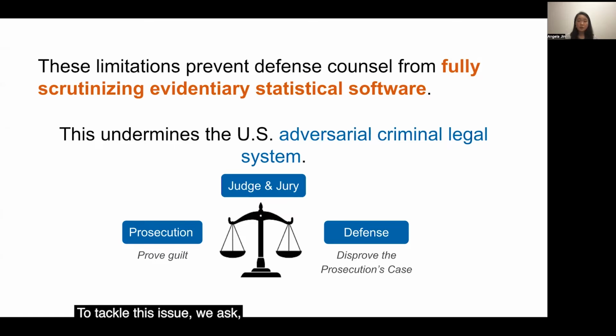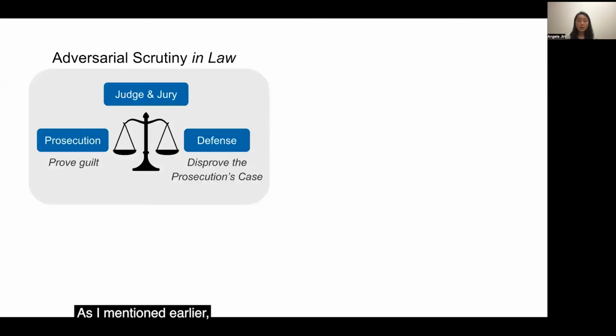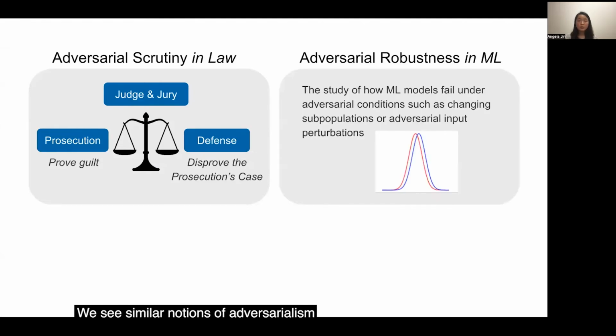To tackle this issue, we ask, how might defense counsel adversarially test evidentiary statistical software? As I mentioned earlier, the US relies on an adversarial defense counsel to disprove the prosecution's case. We call this duty adversarial scrutiny. We see similar notions of adversarialism in the robust machine learning community.